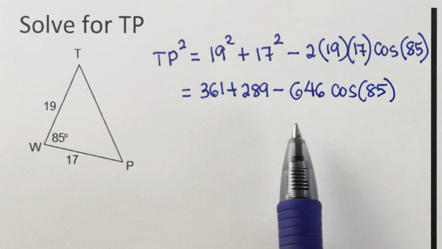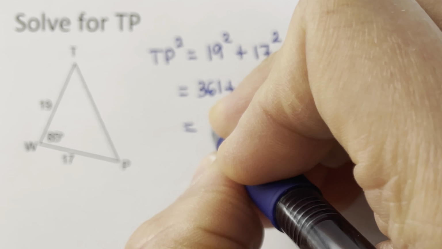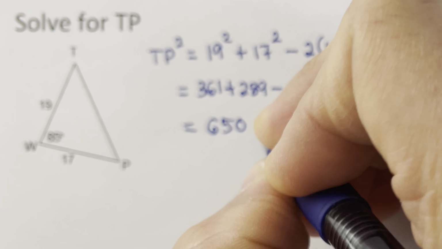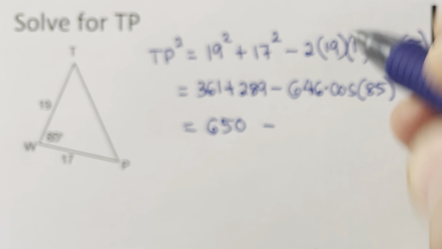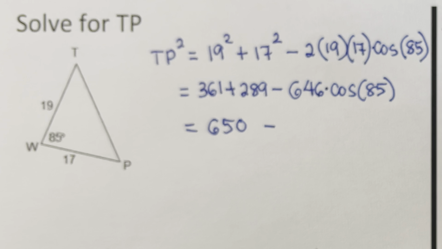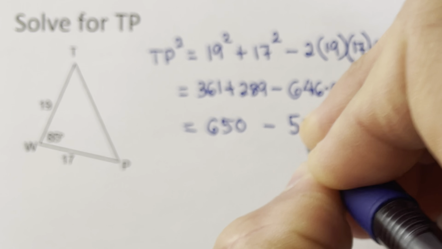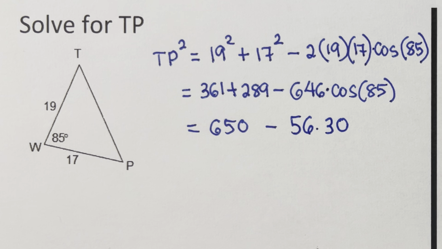So we can go ahead and add these two together. This would come out 650 minus 646. Again, this is times. You're going to multiply them. So 646 times cosine of 85 is 56.30. So we can go ahead and subtract these two together.